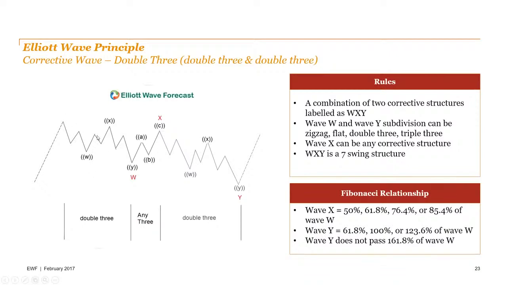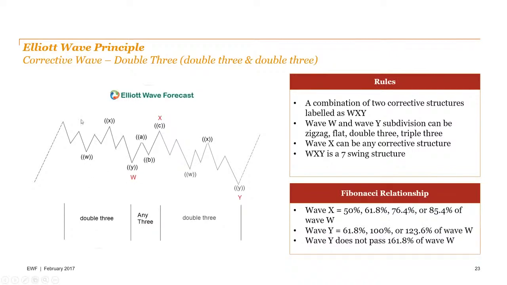So you can call a WXY as a 333 if you want to. It's a 333 because if this is a 535, then you don't label it as a WXY. You label it as an ABC, zigzag. But if the subdivision you see is only 333, then you label this as a WXY.